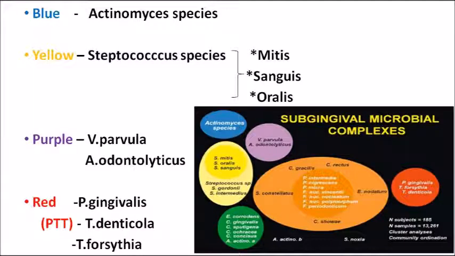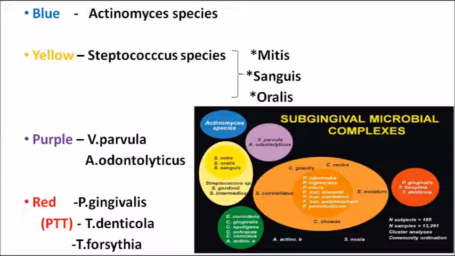We've brushed that up. Blue complex, Actinomyces species. Yellow complex, composed of Streptococcus species, basically mitis, sanguis and oralis. Purple complex, V. parvula and A. odontolyticus. Red complex can be remembered using the acronym PTT. We know red reminds us of blood, and PTT is a test for blood clotting, right?